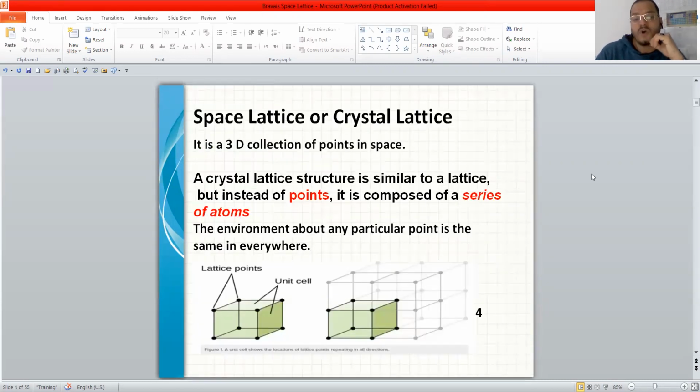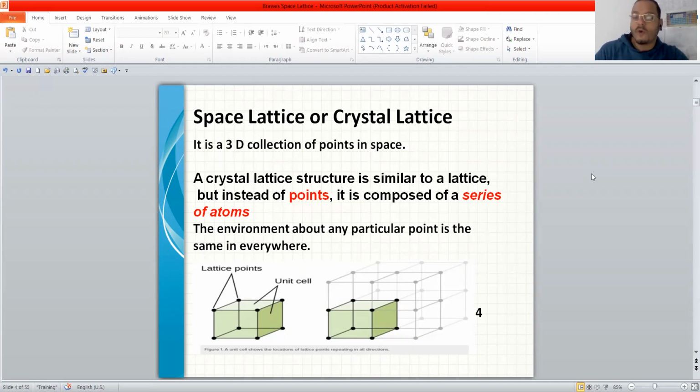Now let's know what the space lattice is, or we can say crystal lattice; both of them have the same meaning. It's a three-dimensional collection of points in space. A crystal lattice structure is similar to a lattice, but here we must focus on this difference. It's very important. By these few words, we can know the difference between the space lattice and the lattice structure.